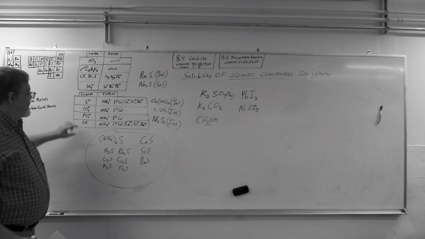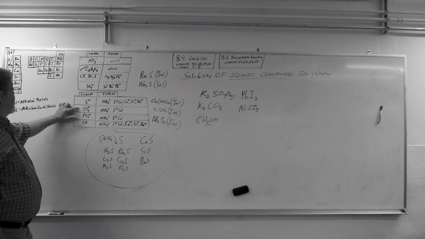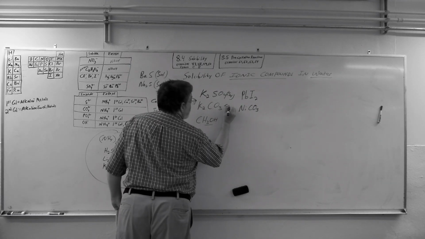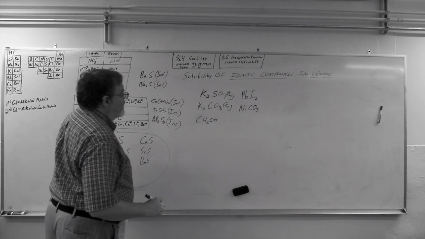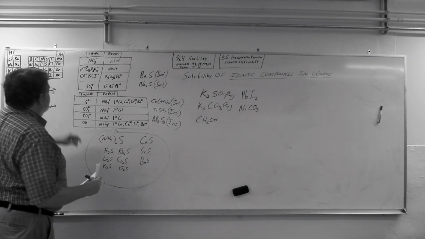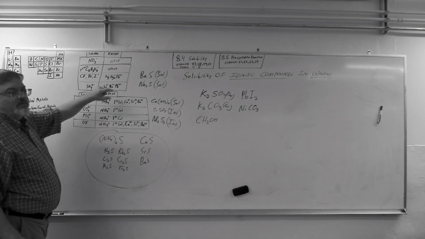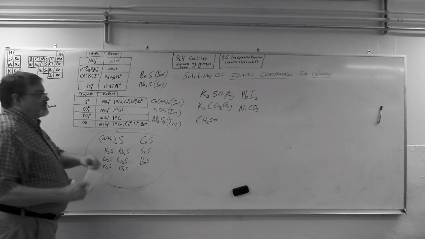K2CO3. You find your CO3 here. Is that soluble? Yes. It's soluble because K is in the first column. PbI2, I is here, Pb is in the exceptions. So PbI2, soluble or insoluble? Insoluble.